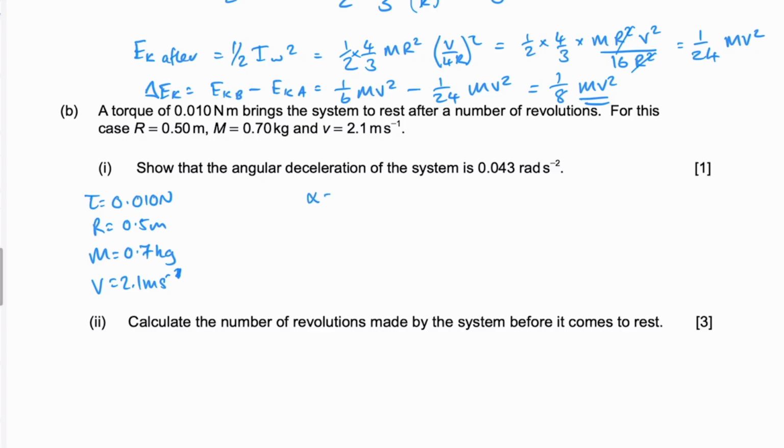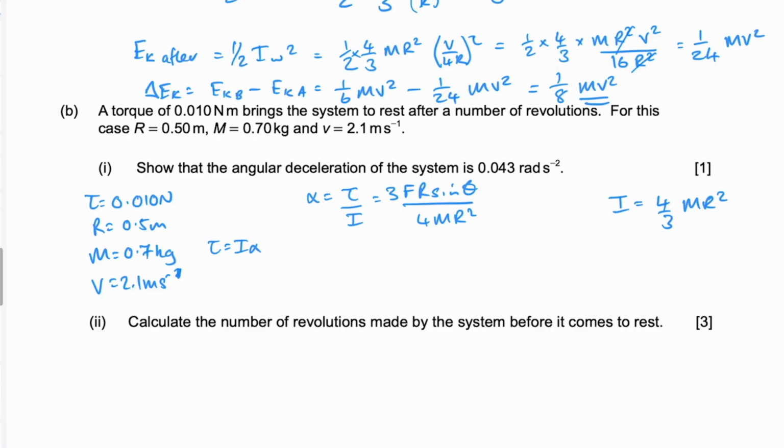Wow, okay, we're going to use this equation here, and that, of course, is derived from the angular version of Newton's second law. The torque is Fr sin theta, and the moment of inertia of the whole system we calculated way back, which was 4/3 mr squared.